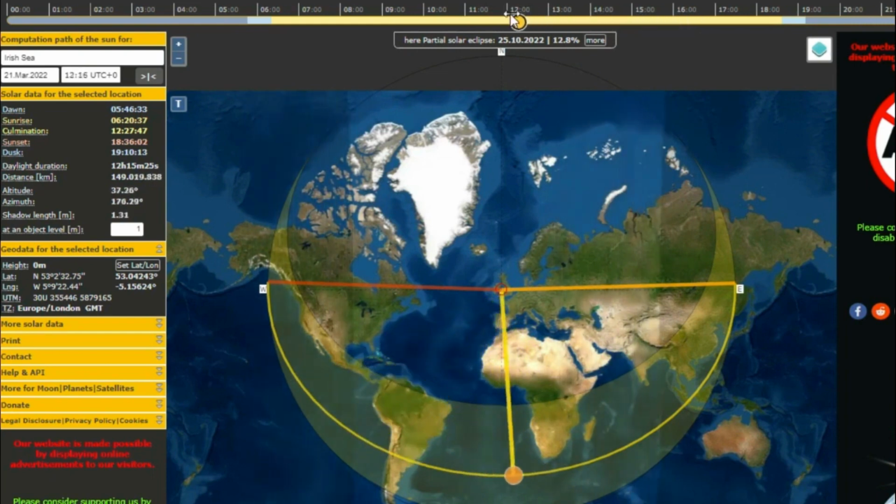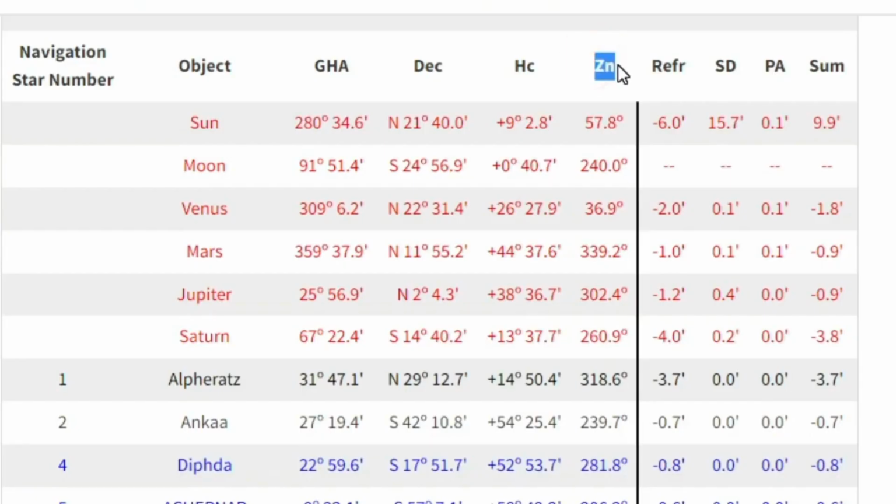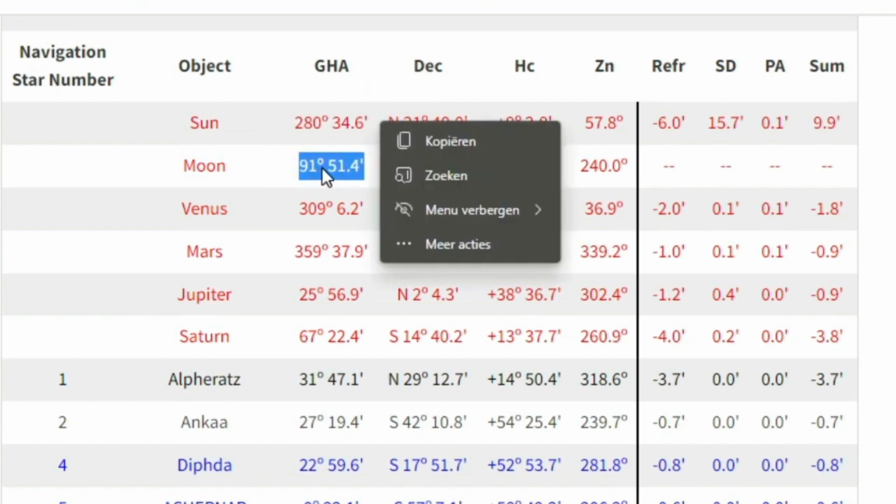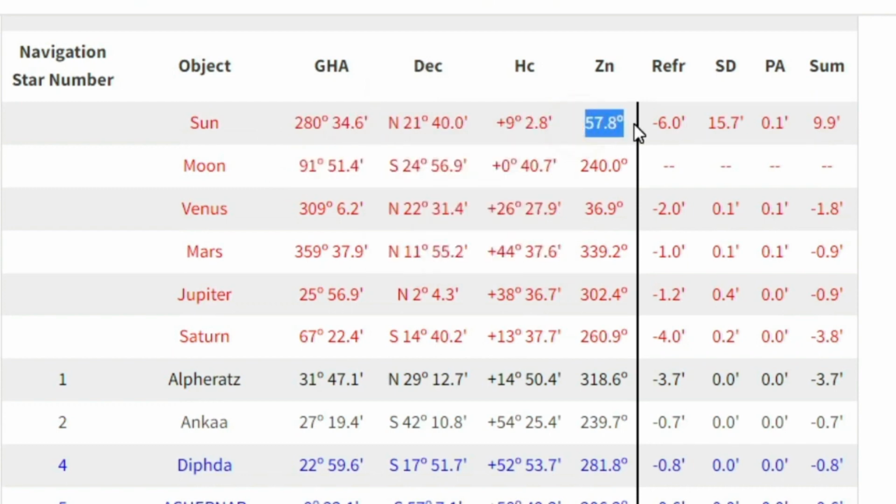And as you can see, it never goes at 15 degrees an hour. ZN, the real celestial bodies. And these Greenwich hour angles are the computed celestial bodies. They go perfectly round. This is the mean sun, the fake sun, the virtual sun, the mean moon, virtual moon. These are the real ones.